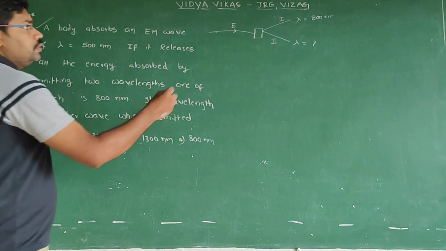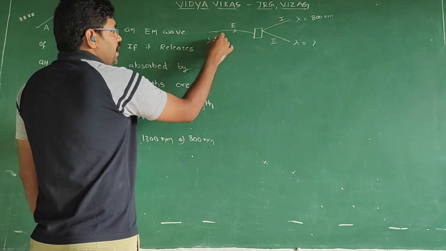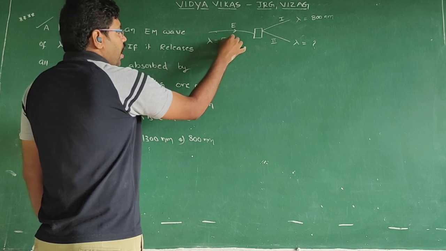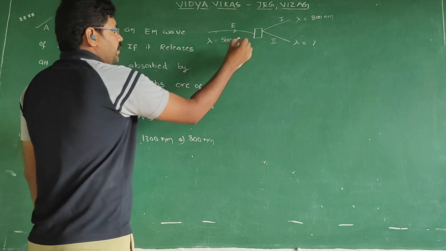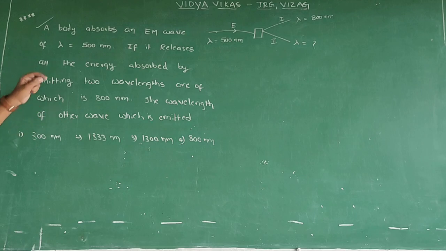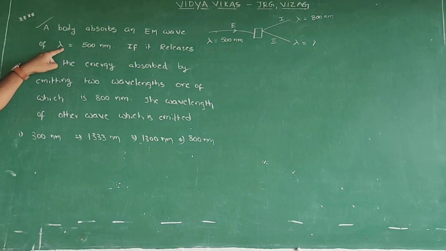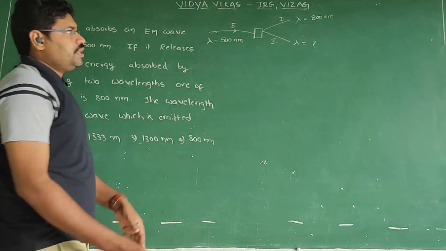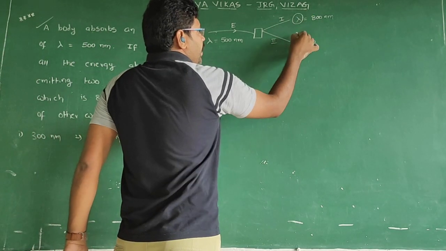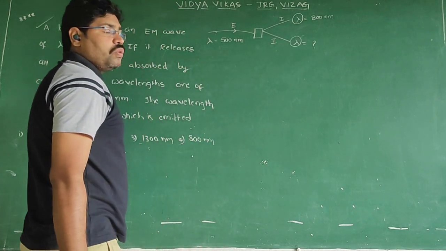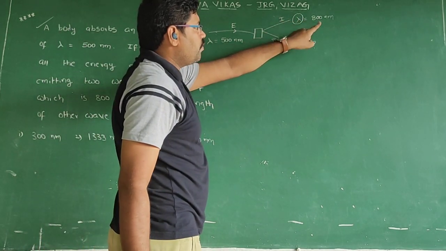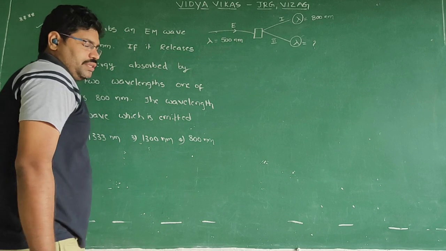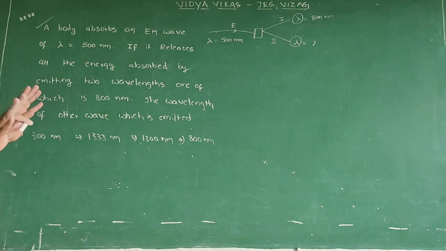Initially, the incident light radiation has wavelength 500 nanometers, and after emission, two different radiations come out. One has wavelength 800. What about the rest? This is the question.